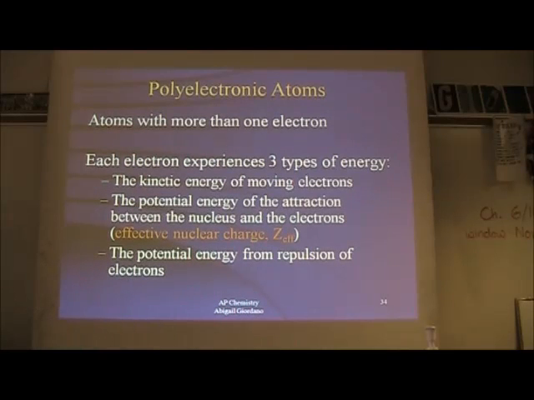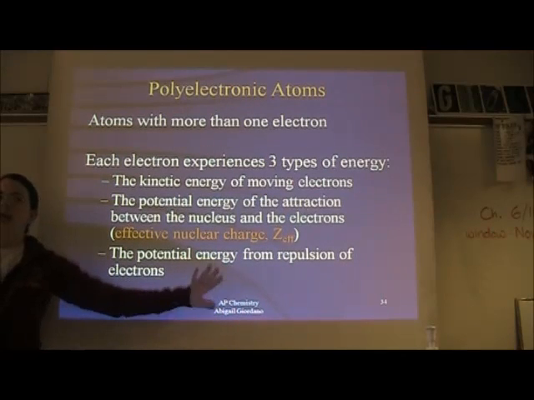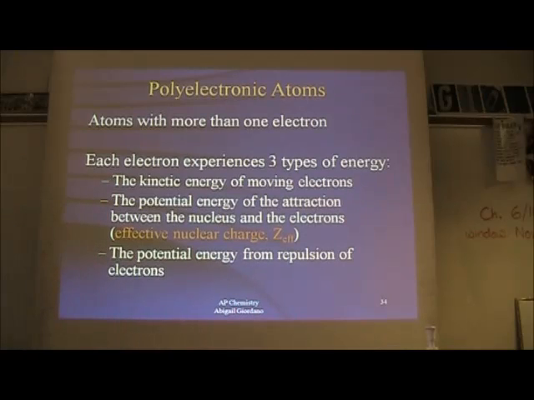Okay, here's something else they're experiencing. Let's look at this third one down here. Can you tell me why one electron with another one, why would two electrons experience a force of repulsion from one another? Tell me why. They have the same charge. Okay, exactly.